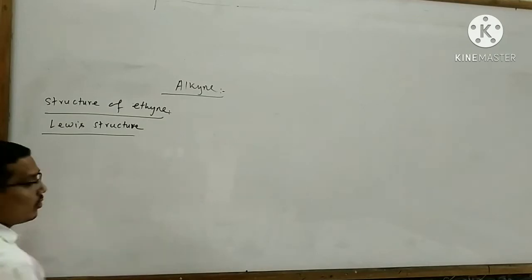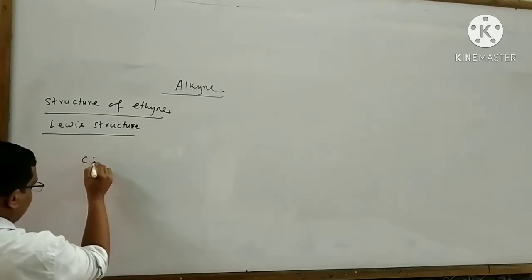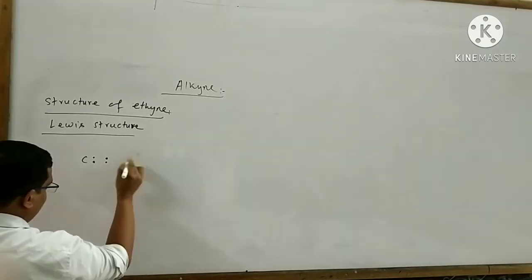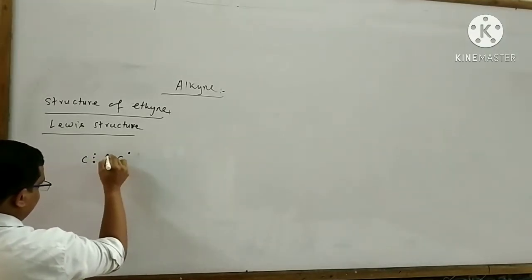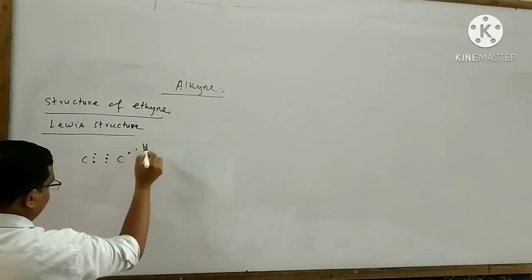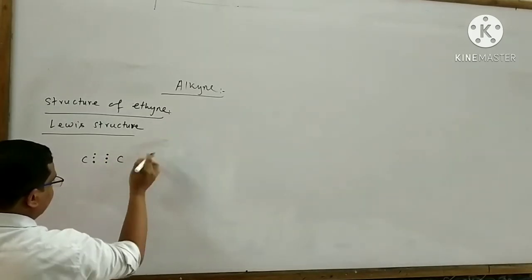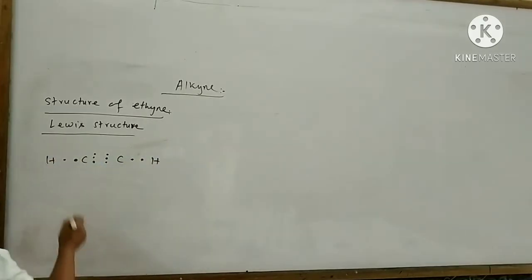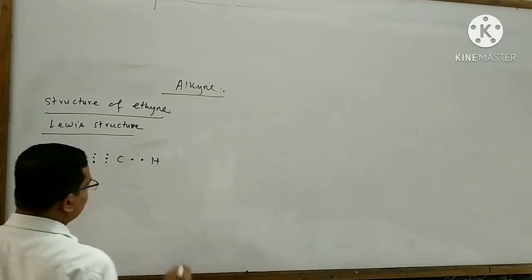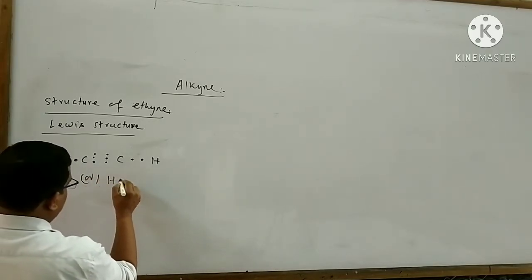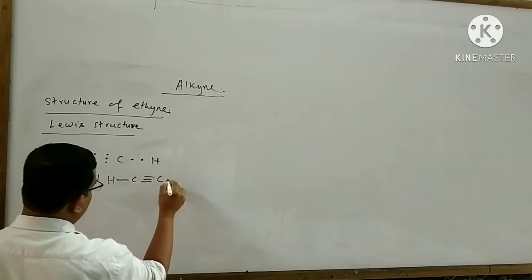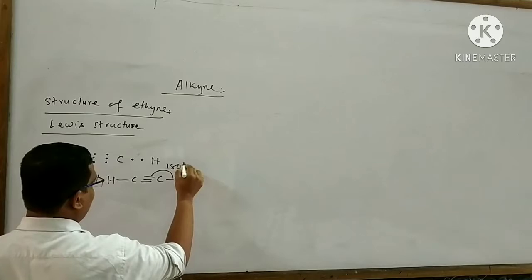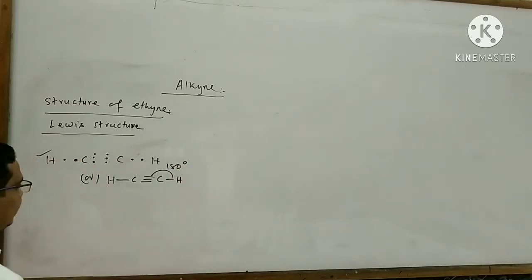This is the Lewis structure of ethyne. H, single bond C, triple bond C, single bond H. Here, this bond angle is said to be 180 degrees.